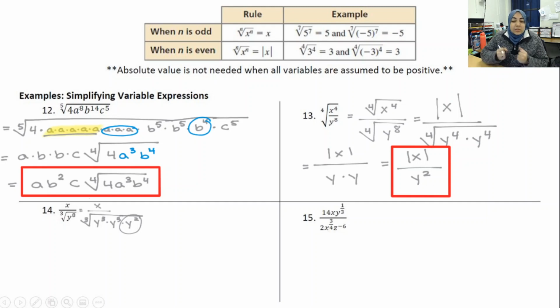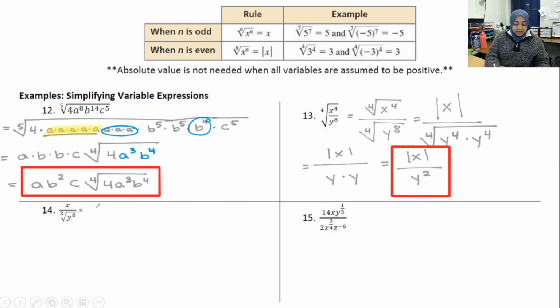But if only I had one more y, then it would be y to the 9th, and I would be good to go, right? So what you can do instead, and you can continue like this, okay? You can say, all right, that leaves me with x over y squared cube root of y squared. And then you can try to see what you can do with this. Or you can do it from the get-go, which is what I'm about to show you right here.